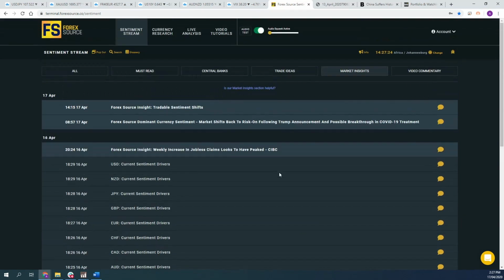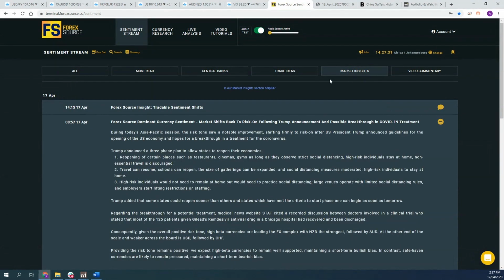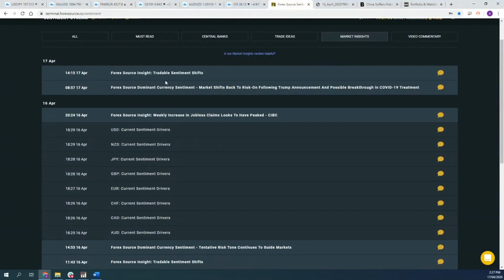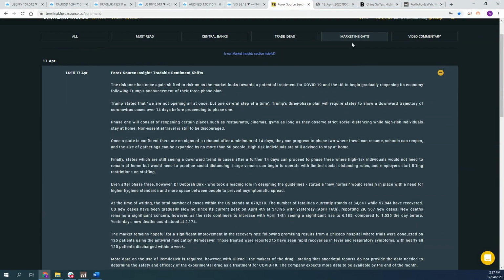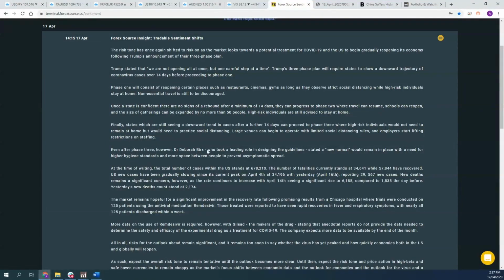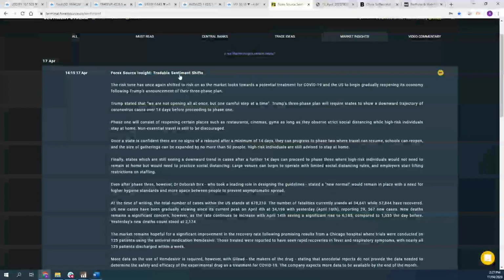Then from the shorter term, more sentiment-based approach, you can look at the dominant currency sentiment reports that we also have in the market insights tab every day. You can also look at the tradable sentiment shifts reports, also in the market insights tab every day. It basically gives you the potential next big shifts that can move the market to look out for.